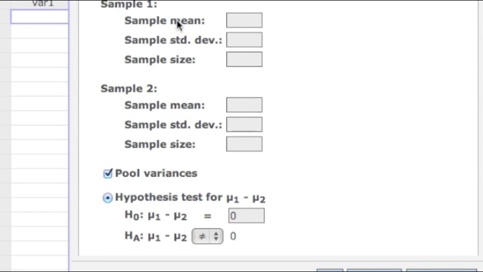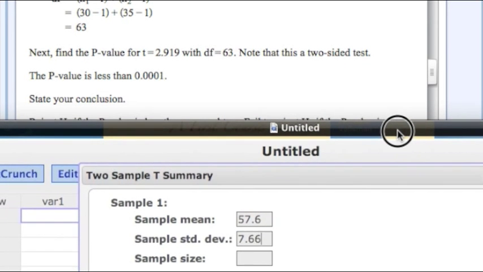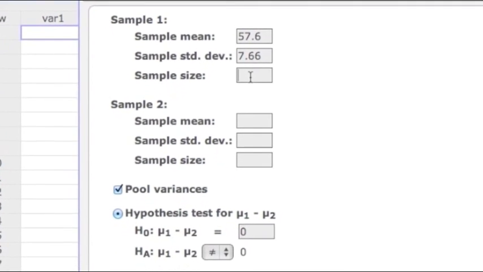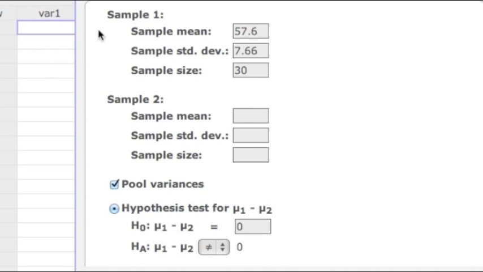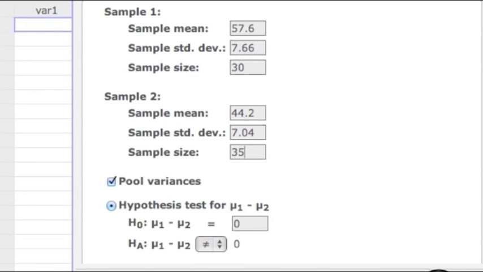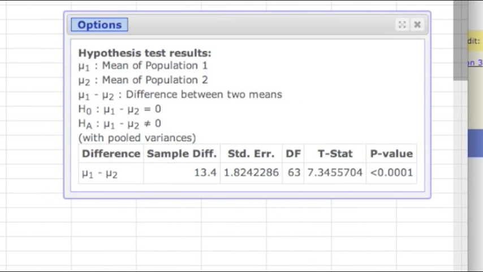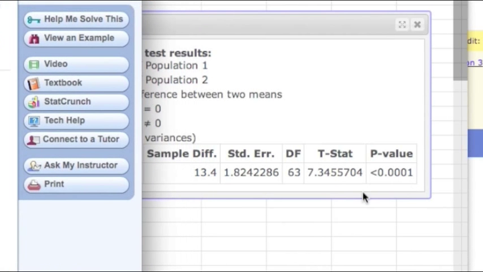It's asking for the mean, the standard deviation, and the sample size, and we enter that for both sets of data. Make sure the hypothesis test is what it is supposed to say, and you hit compute, and then it spits out the t statistic and the p-value.